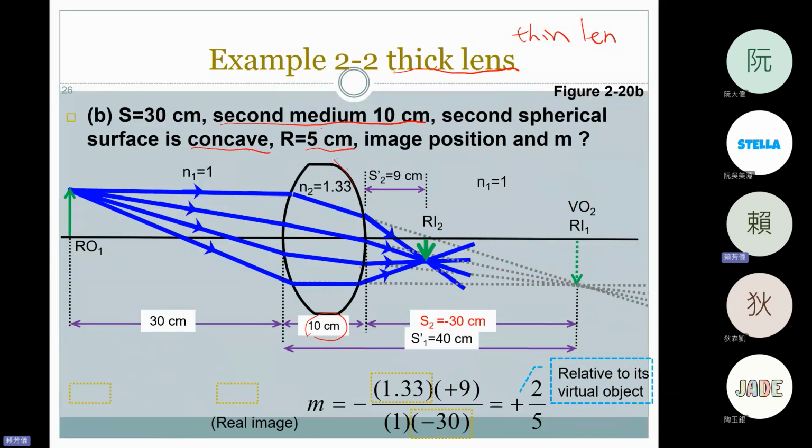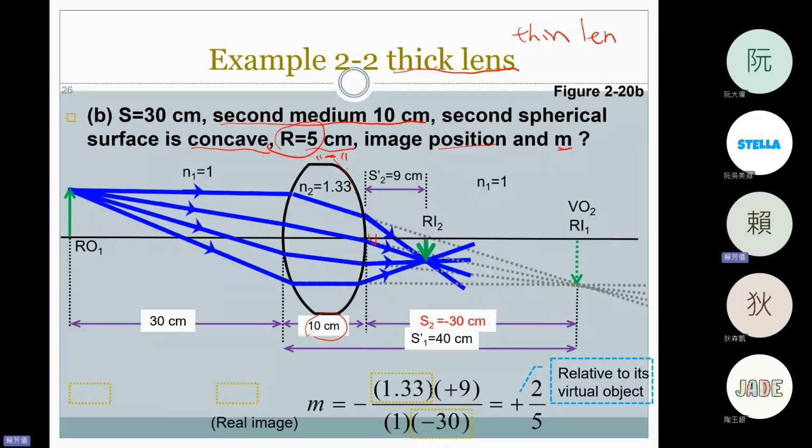Now you know for the concave surface that the center of the curvature is on the left side of the vertex V, right? So here the R is minus, and we want to find the image position and the lateral magnification.